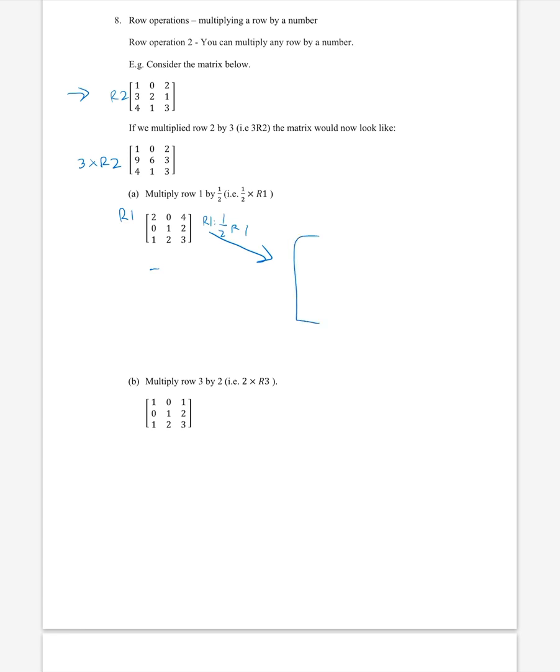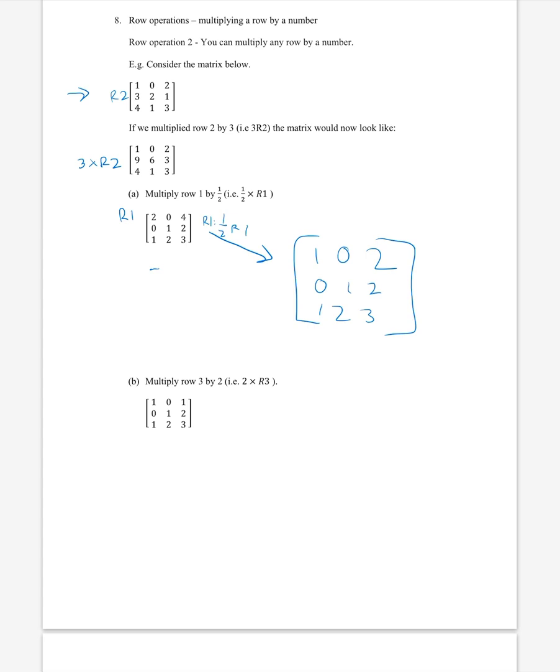And so our resulting matrix is 1, 0, 2, and then we rewrite the rest: 0, 1, 2, 1, 2, 3.